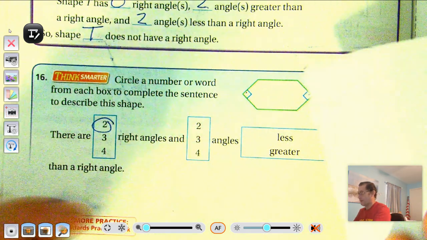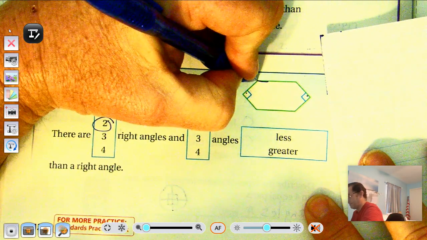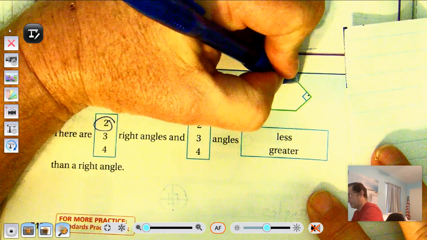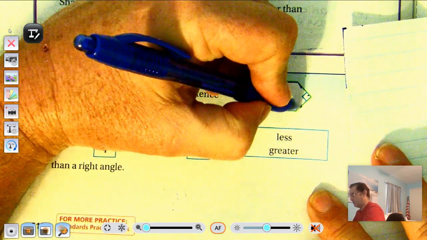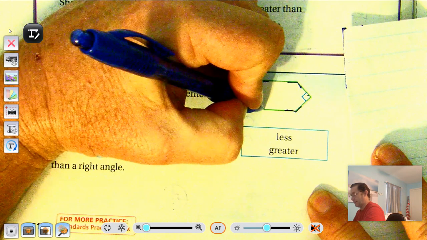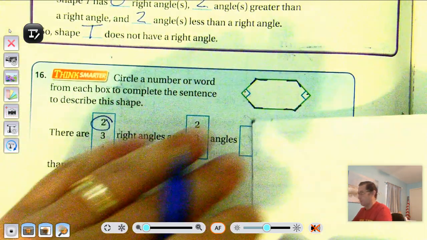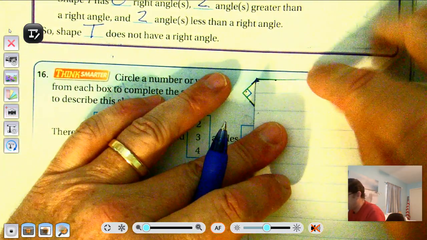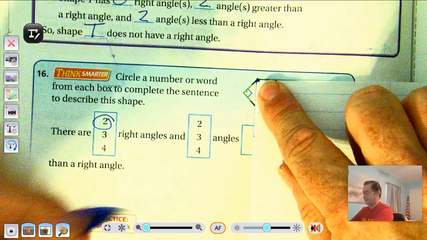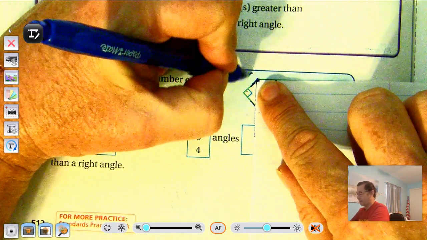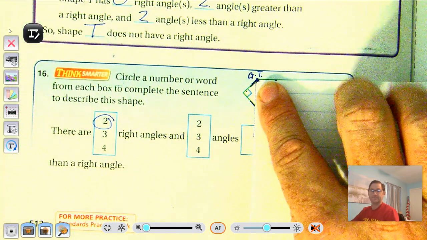Well, let's see. We have that one we have to look at, that angle, this angle, and that angle. All right, so edge of the paper, point at the vertex. This one's off the paper, so that's greater than.